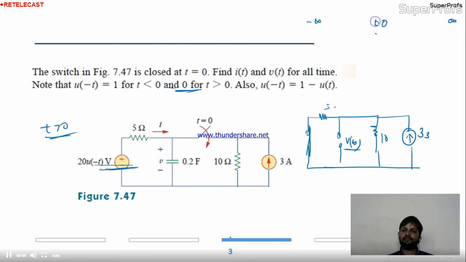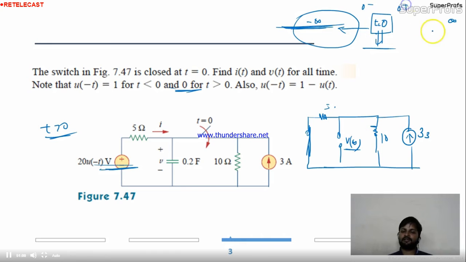At t equal to 0, you are changing the switch condition. So before changing, the circuit was kept for a long time, so I can say initial steady state. At t equal to 0, initial state, we are changing the switch, so we are getting two things, 0 minus, 0 plus. After a long time, I am having steady state condition.